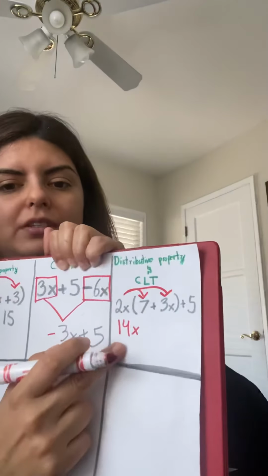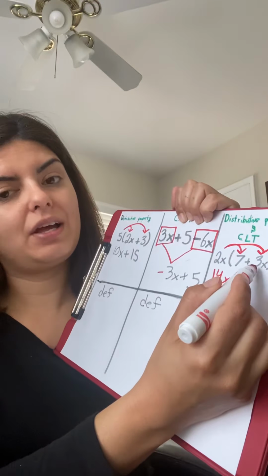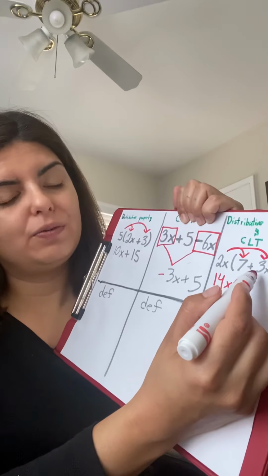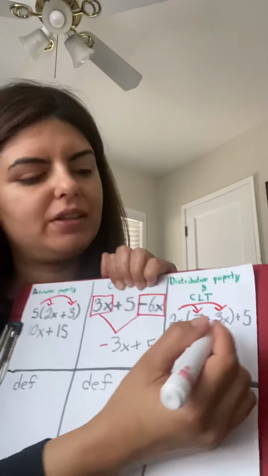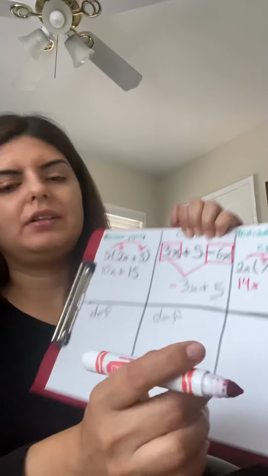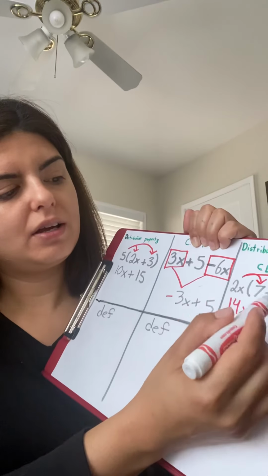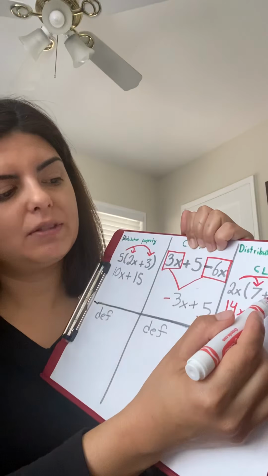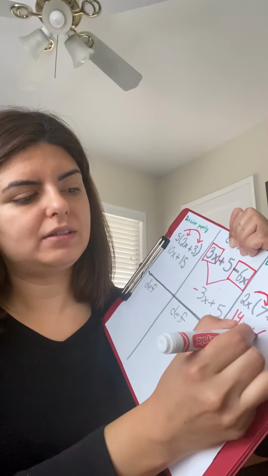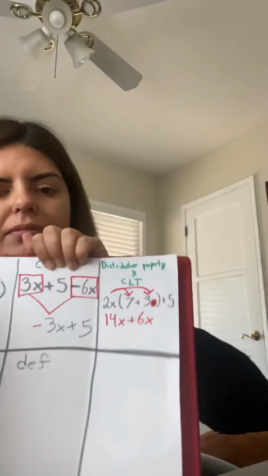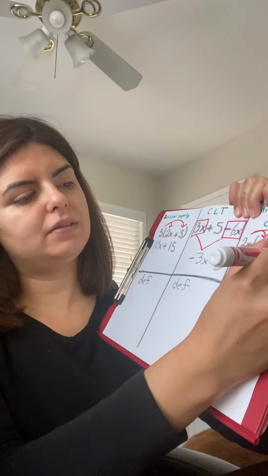And then, see right there, 14x. Then 2x times 3x would be, oh, actually, you know what, guys? Let's take off that x right there. I don't want it there. Okay. So 2x times 3 would be plus 6x, like that. And then we're just gonna drop down our plus 5.